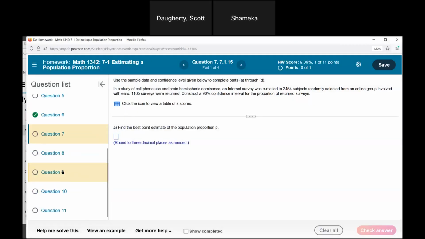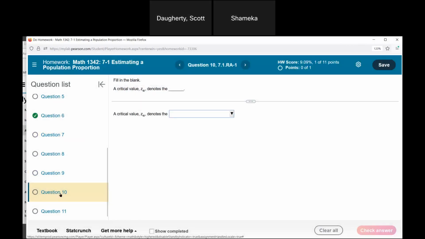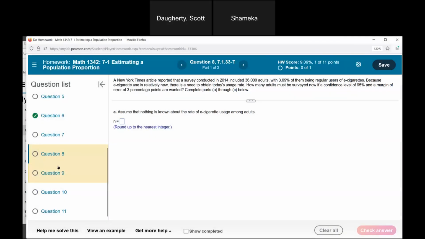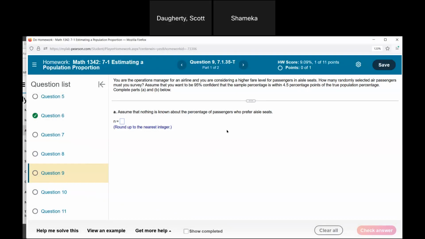Now, there's one other type of problem here that we need to talk about. And it has to do with what's called sample size determination. This is probably the third one to do. All right, so this is related to confidence intervals.